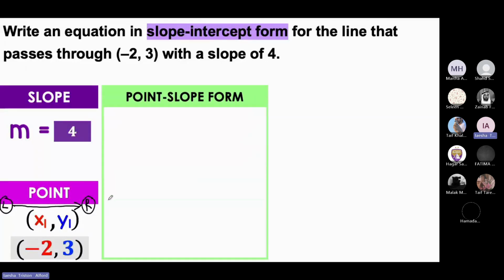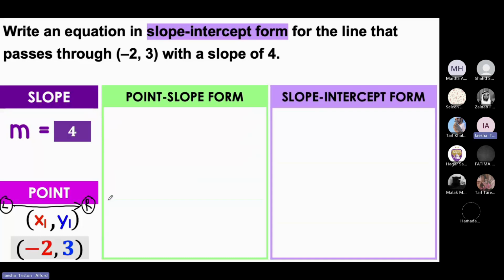The second part is to do point slope form. So you should write and then you're going to do slope-intercept. So remember, point slope form is y subtract y1 equal m multiply x subtract x1.